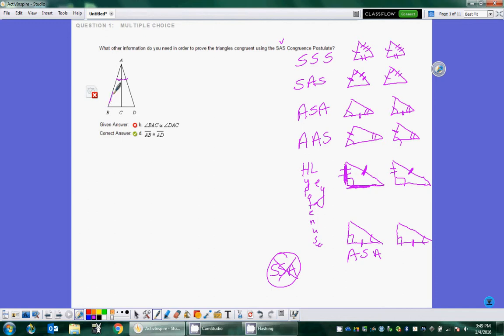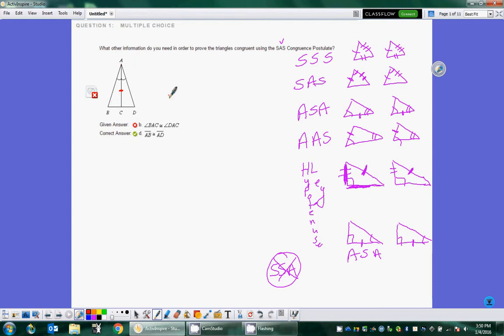Both of those force the angle to be in between the marked sides. So this angle is in between BA and AC, and angle A in the right hand triangle is in between sides AD and AC. I could not put angles at B and C. That would have led me to side-side-angle, not in between, which we said doesn't work, okay.